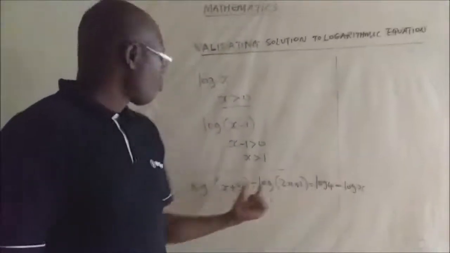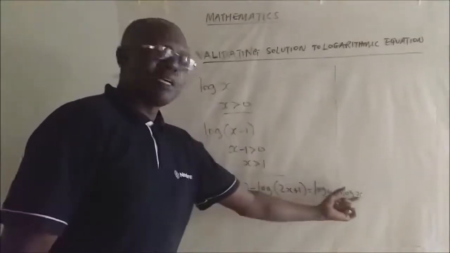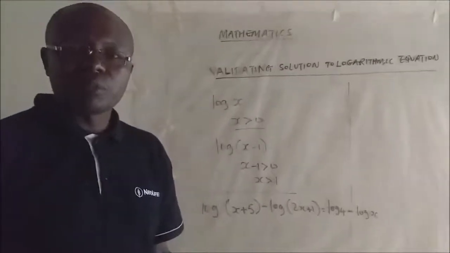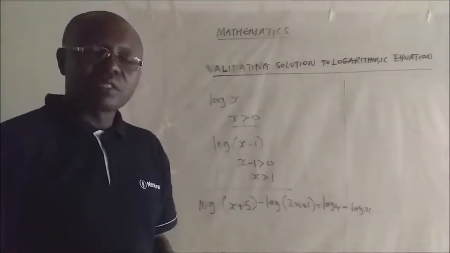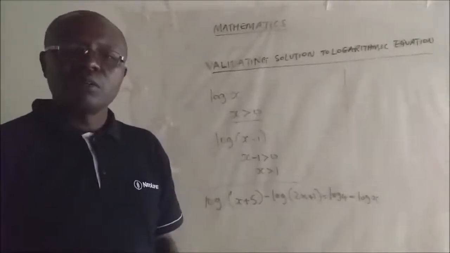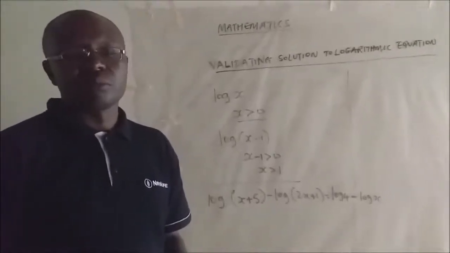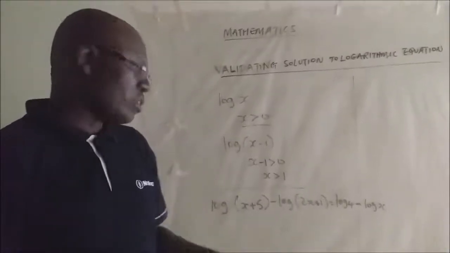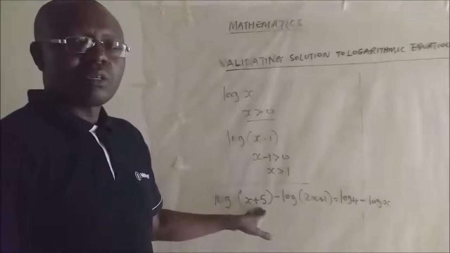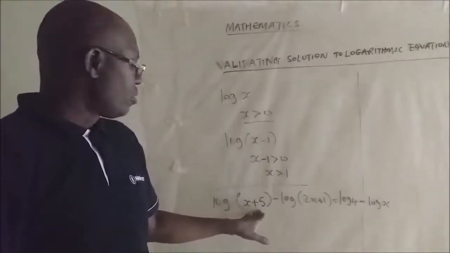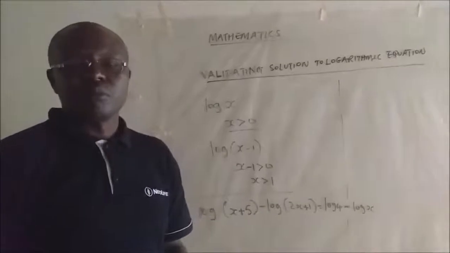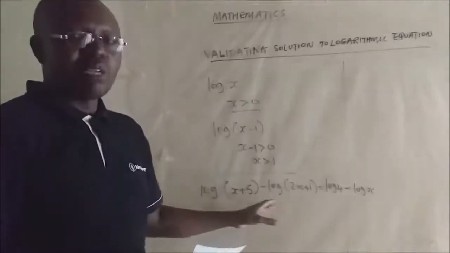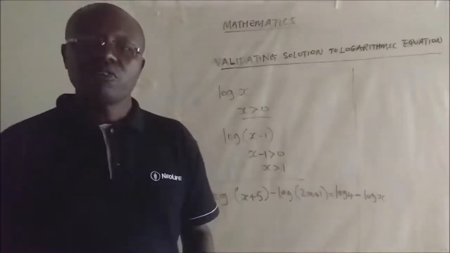Should any one of these arguments turn out to be 0 or negative upon substituting the value of x, then that value of x will be rejected. Whatever value of x we shall obtain, we will substitute into every argument just to be sure that every argument is greater than 0.